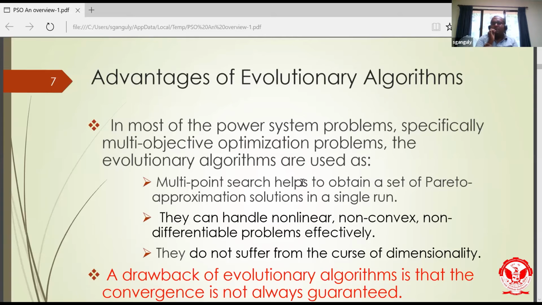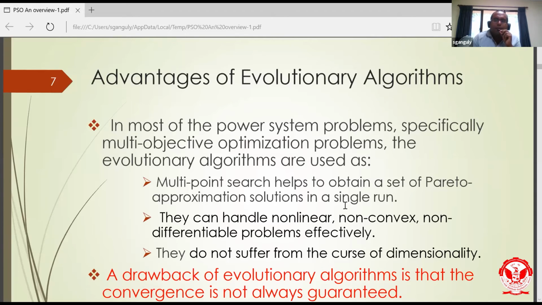But for multi-objective optimization, as I will show you later, we need multiple solutions which are equally good. These are called Pareto approximation solutions. So the advantage of evolutionary algorithms, particularly in multi-objective optimization, is that they can give you a number of solutions in a single run.